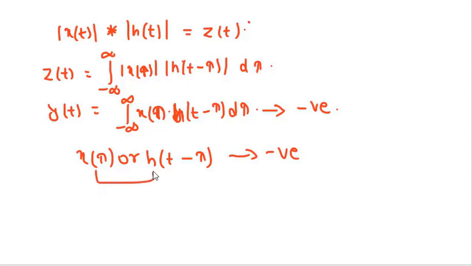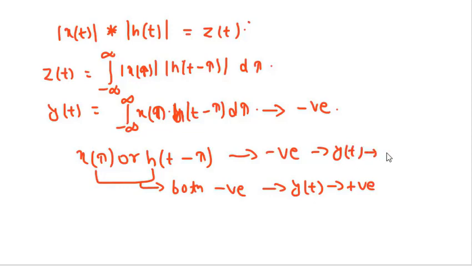If both are negative, then y(t) is positive. If both are positive, then y(t) becomes positive.